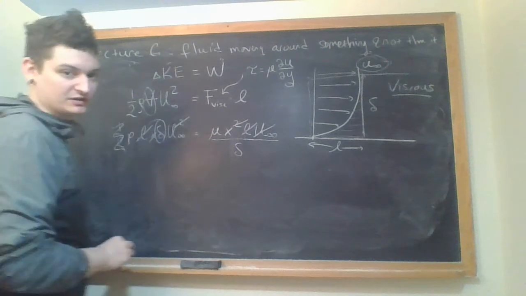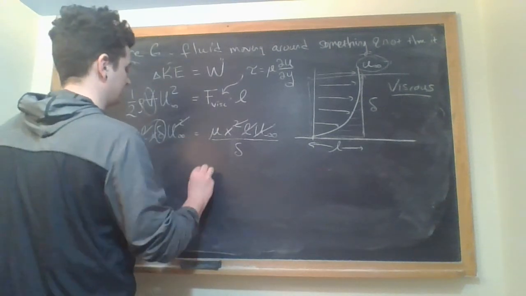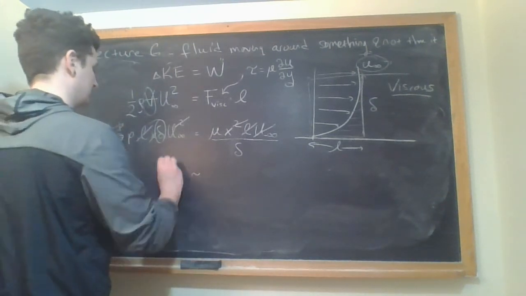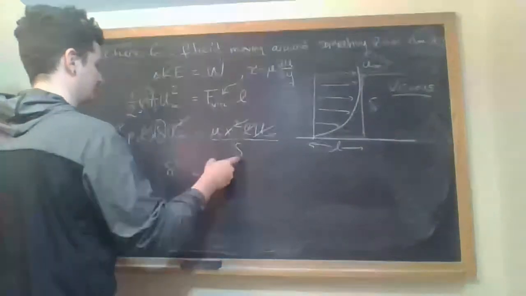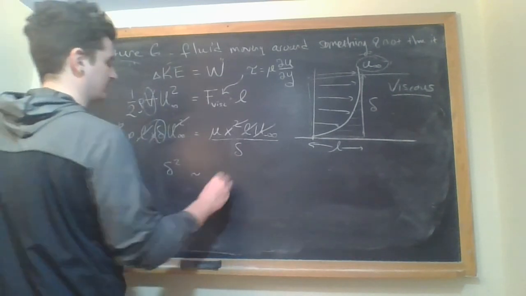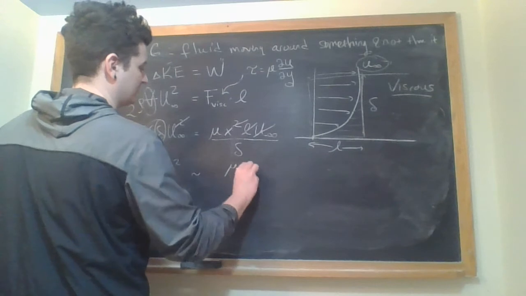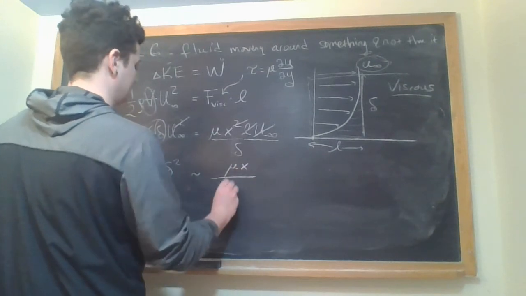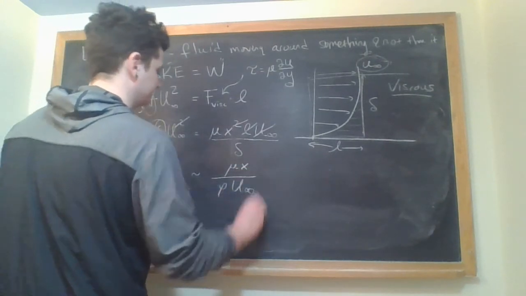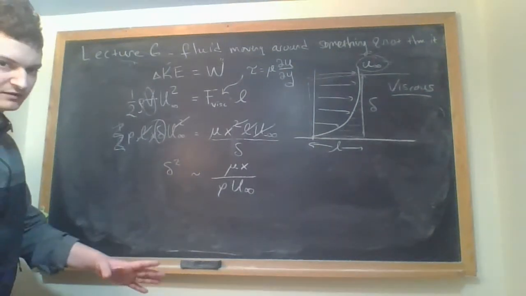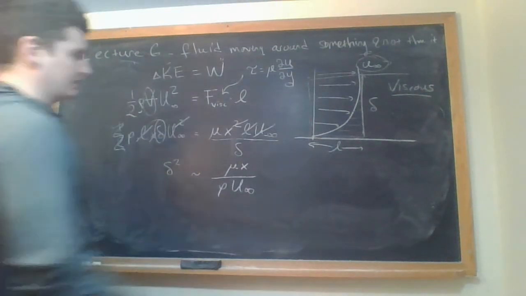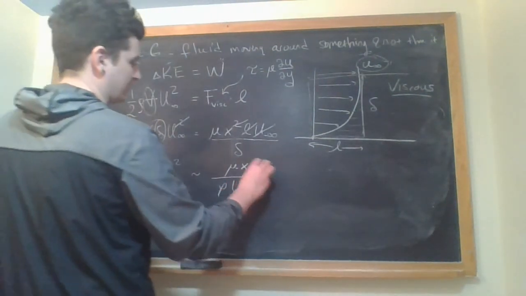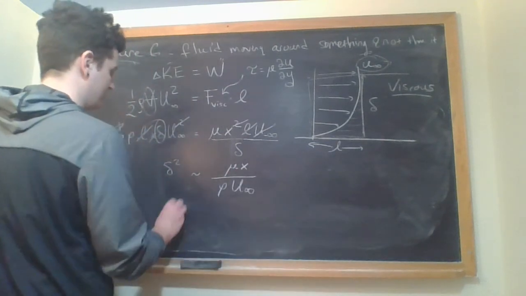Kill this 2 because you're just looking for proportionalities. So we'll go proportional here. And I'll have this. This moves over here if I multiply through here. And I have a rho left and an x. Not quite a Reynolds number, but it's easy to rewrite it if you just factor out an x squared.